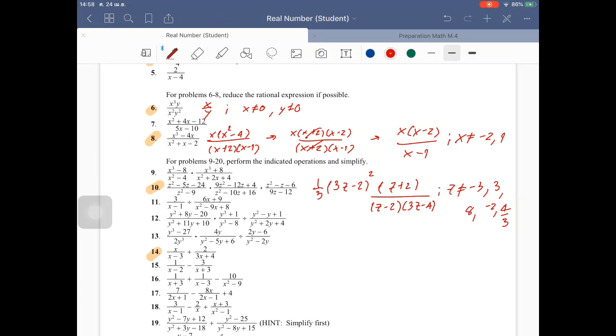The restriction we can find by the original term here. After we factorize and eliminate, we have to focus on the original term and find the restriction first. Last one, question 14.